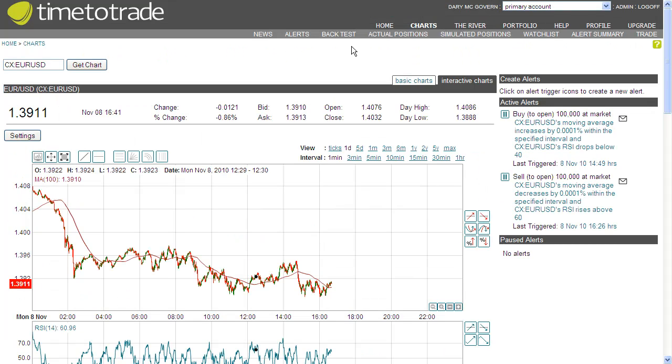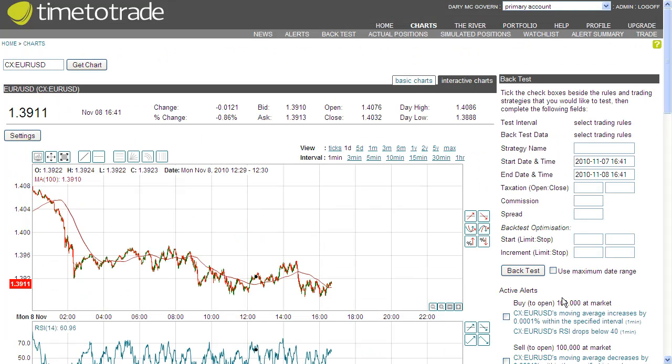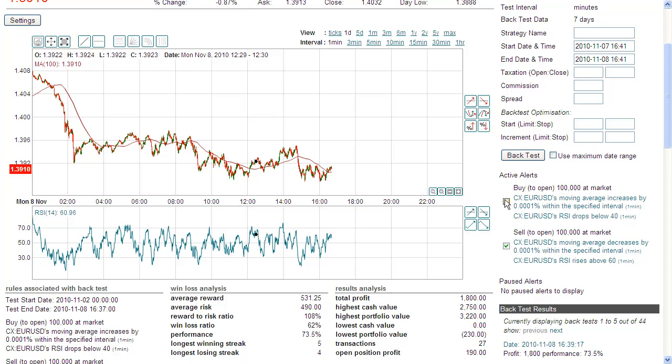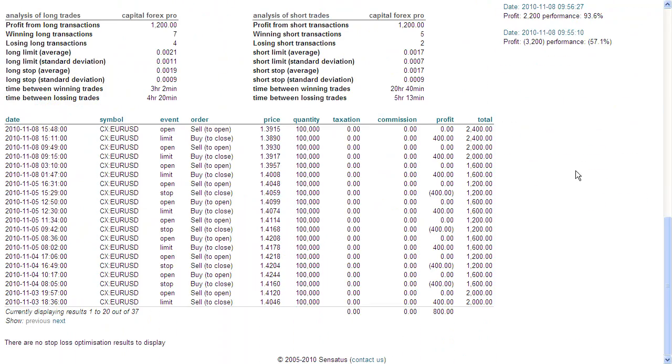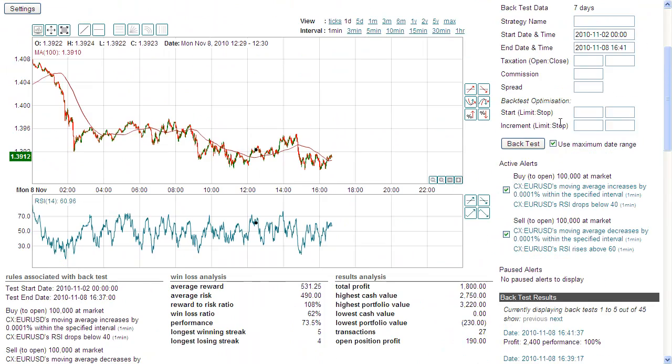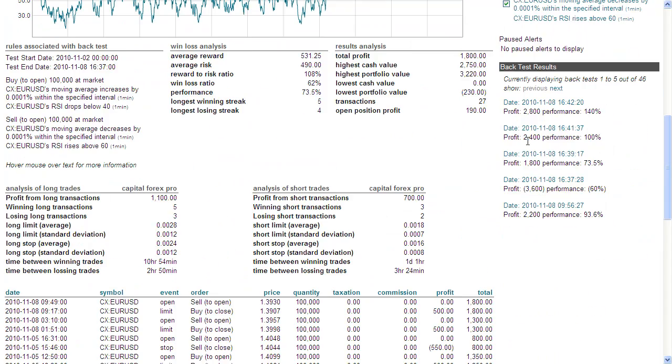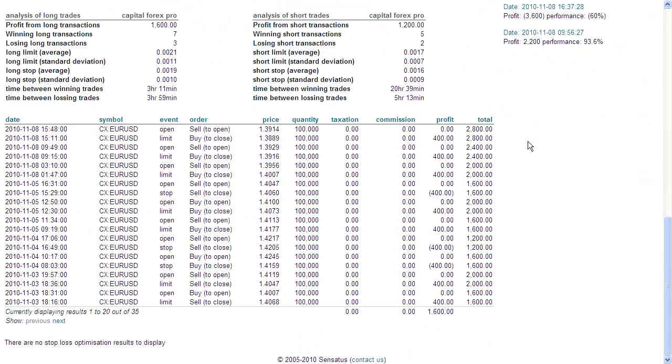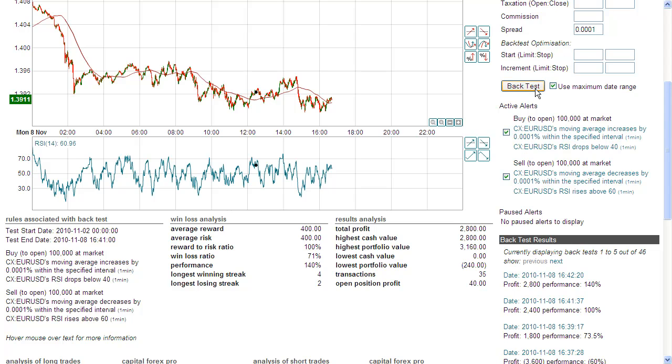And now I'm going to retest it. I'm going to add a spread to the figures to see how well the strategy holds up. If anything, it looks like the spread has actually improved the performance.